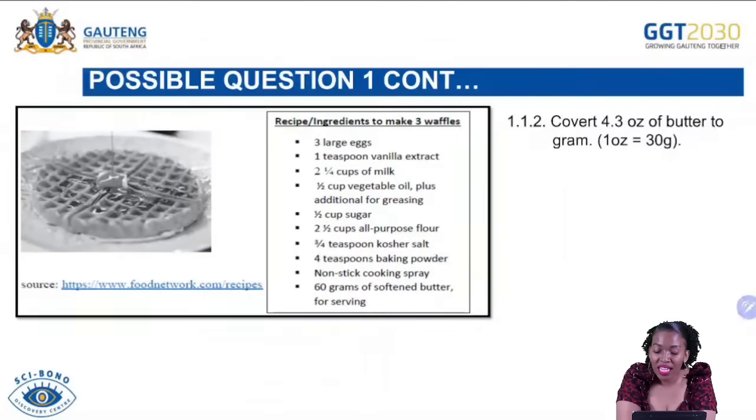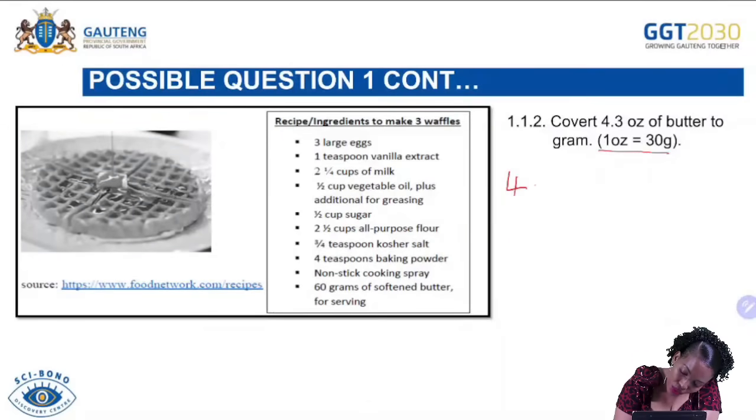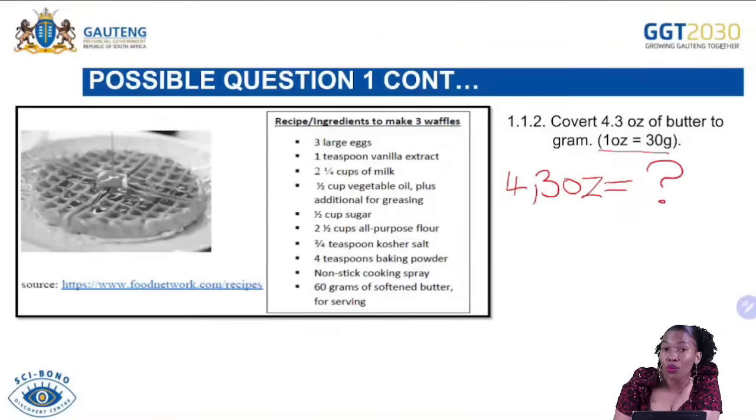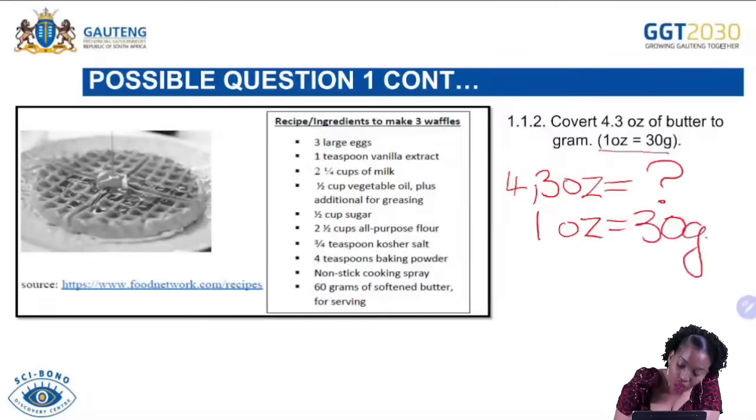1.1.2, convert 4.3 ounces of butter to grams, if 1 ounce is equivalent to 30 grams. So I'm going to write it down again to say, okay, 4.3 ounces must give me how many grams? I don't know. But what do I know? I know that 1 ounce is equivalent to 30 grams.